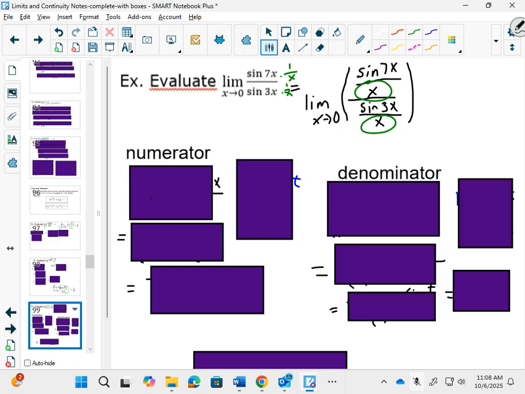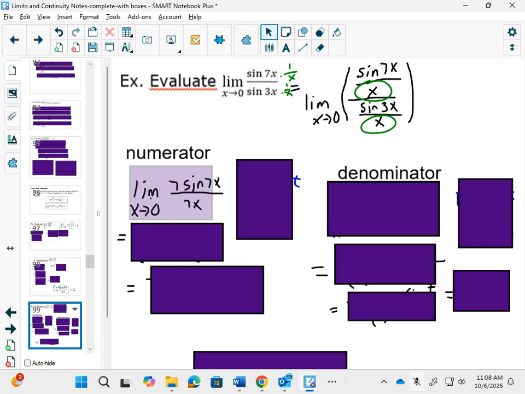So let's start with the numerator. If I had this, the limit of 7 sine 7x over 7x, so I wanted that to have a 7, so I added a 7 on the bottom, which would mean I would have to add a 7 on the top.